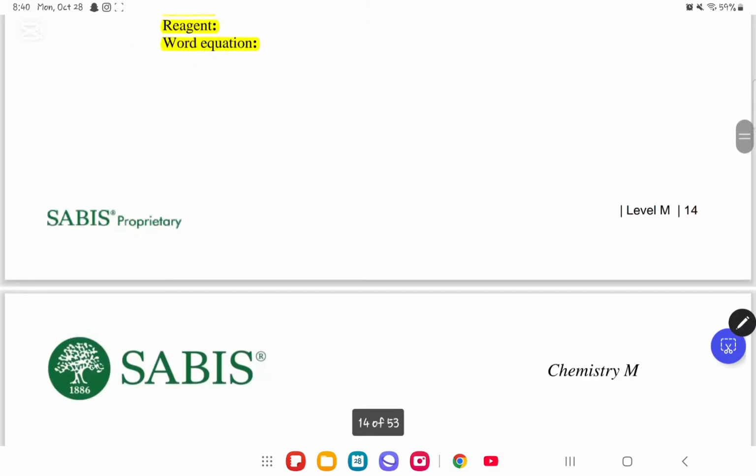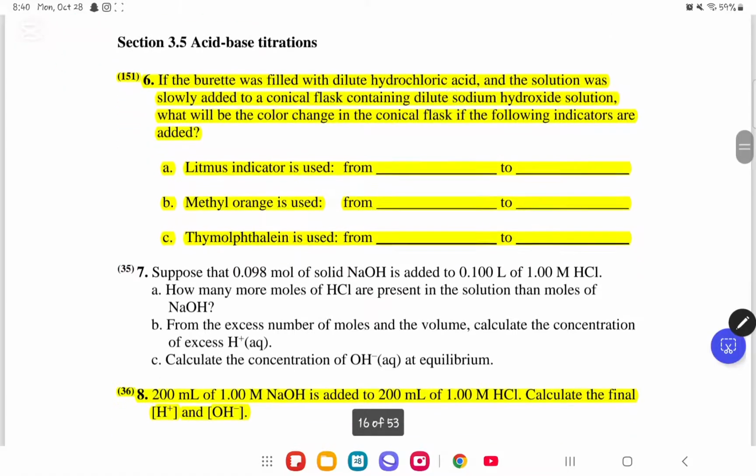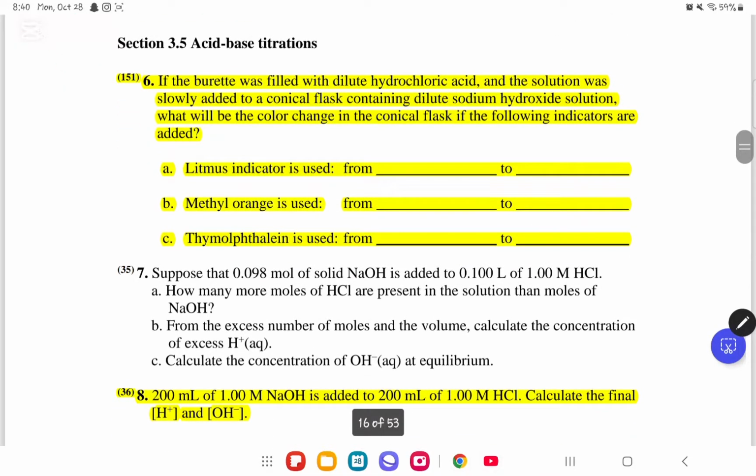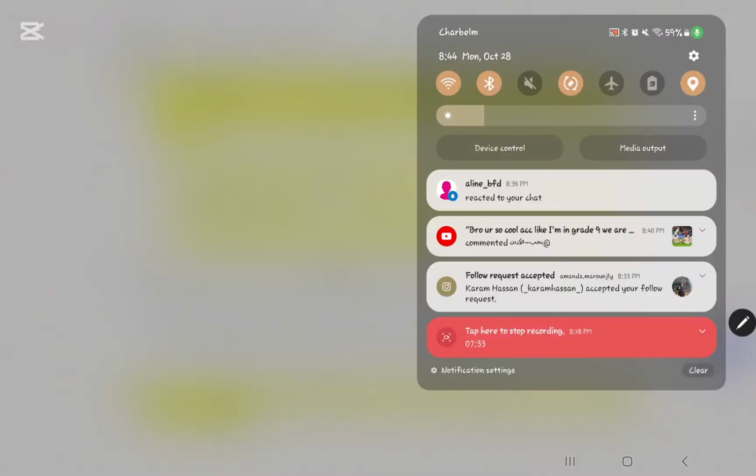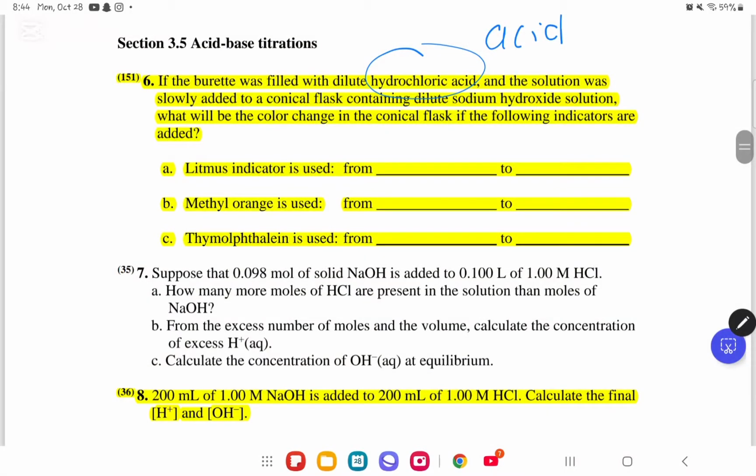So we don't have 5. 5 is 2 pages. Now we have 6. If the burette was filled with dilute hydrochloric acid, so we have an acid, and the solution was slowly added to a conical flask containing dilute sodium hydroxide solution.